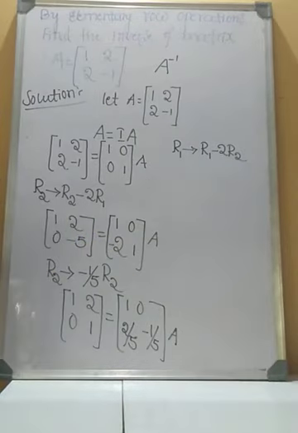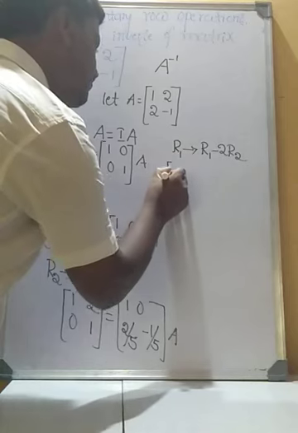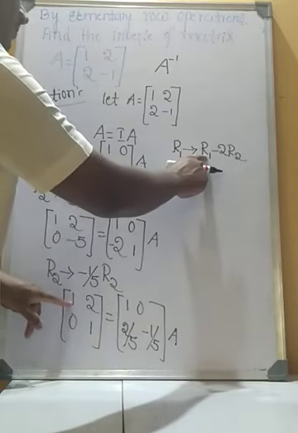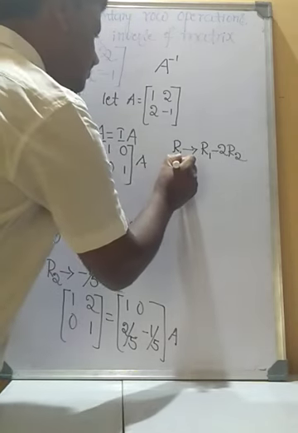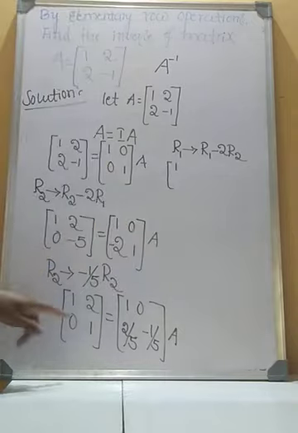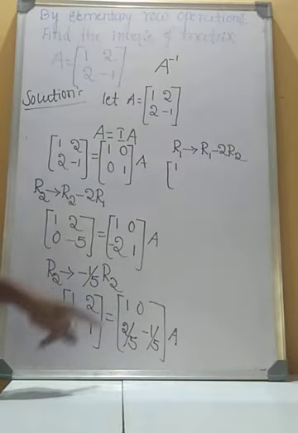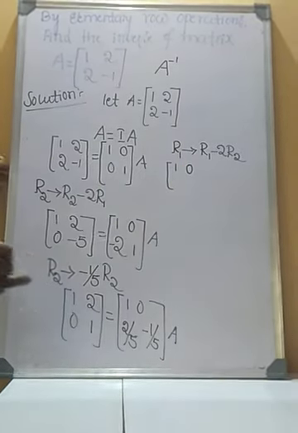Therefore the left hand side becomes 1: R1 is 1 minus 2 into 0, that is 1. The next element is 2 minus 2 into 1, which gets cancelled to 0.